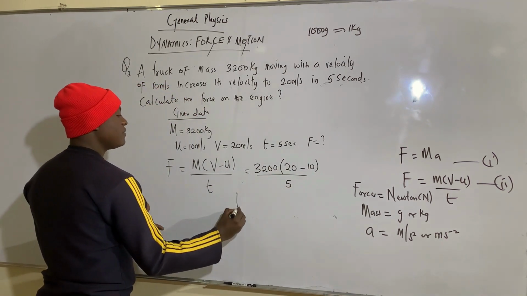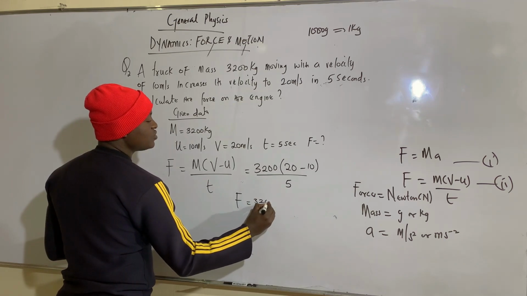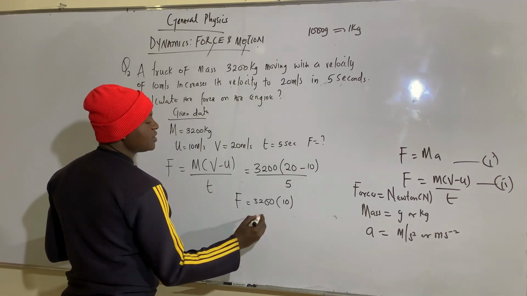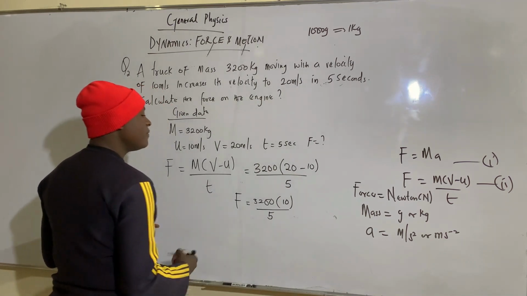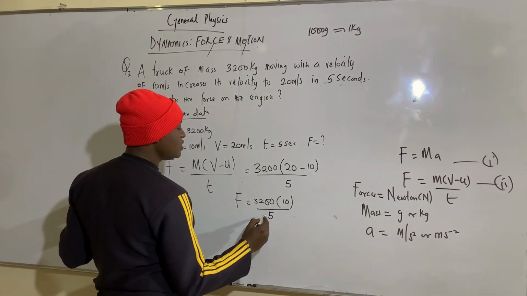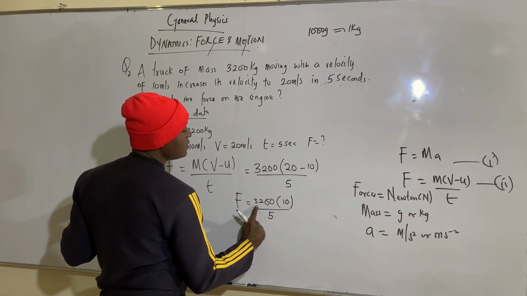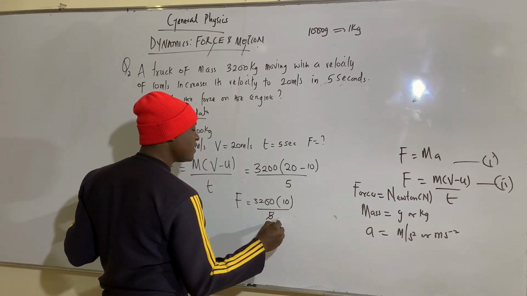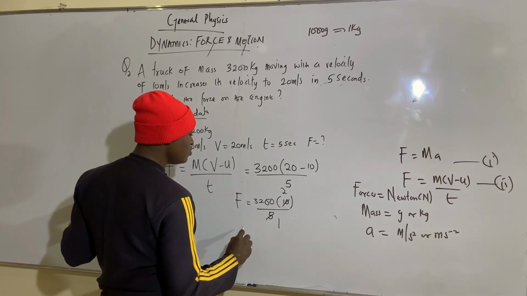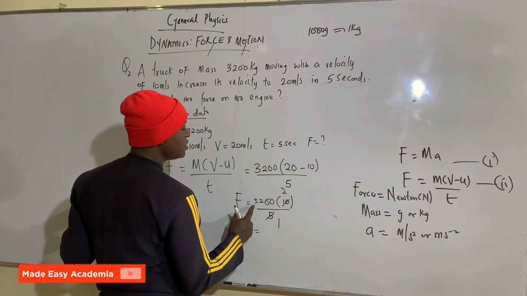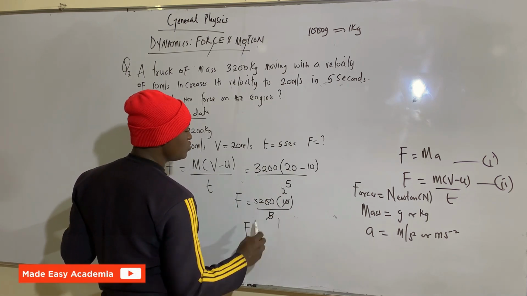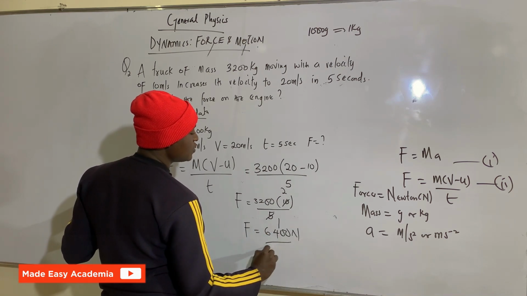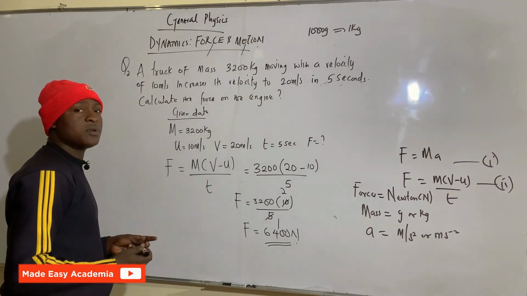So F is equal to 3,200, bracket of 20 minus 10, which is 10, all divided by 5. If you like, you can say 3,200 times 10, then divided by 5. Or you can cut it: 5 into 5 is 1, 5 into 10 is 2. Then I have F equal to 3,200 times 2, of course, we are going to have 6,400 Newton.